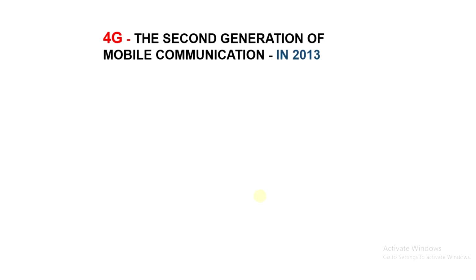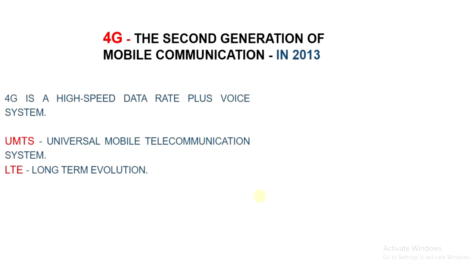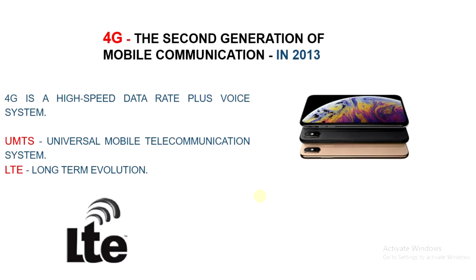As I was saying, 4G is a high-speed data rate plus voice system. There are two 4G systems. The first one is called Universal Mobile Telecommunication Systems, the UMTS. And the second one, UMTS Evolution. UMTS Evolution is commercially accepted as 4G and is called Long-Term Evolution, the famous LTE.